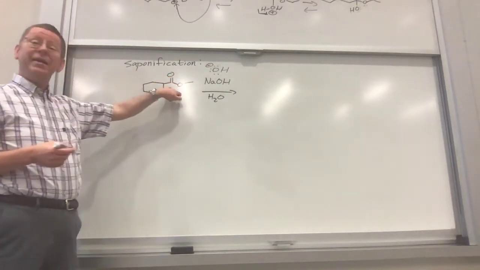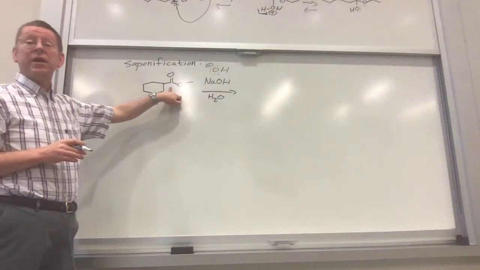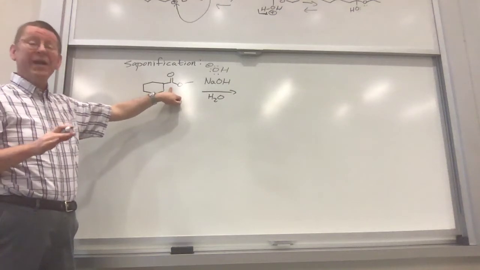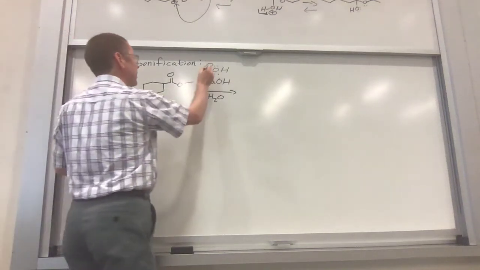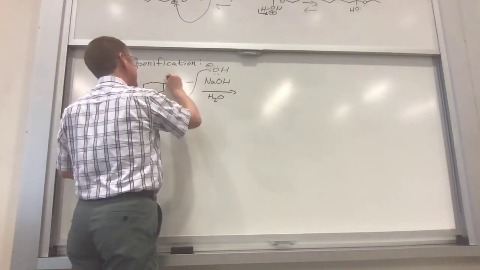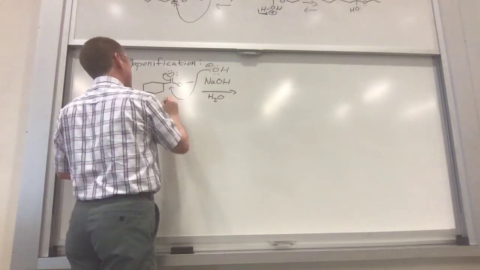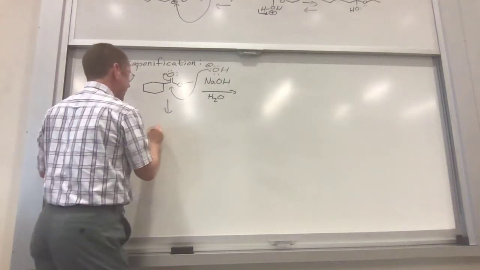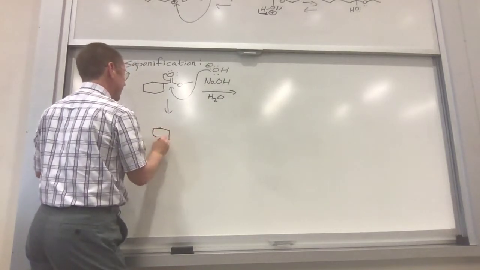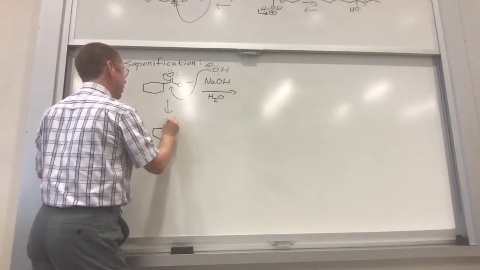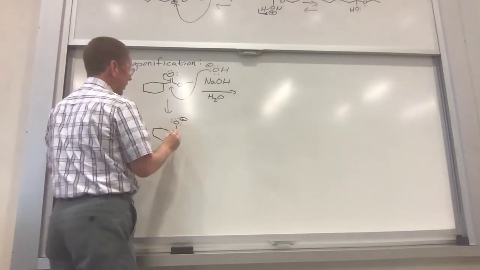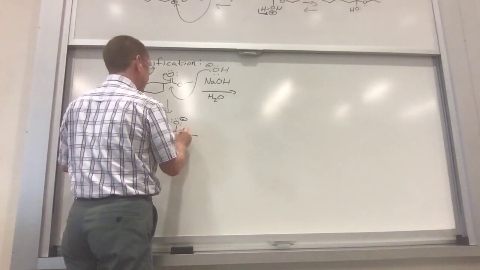Strong enough, it can add directly into this carbonyl. We don't have to pre-activate or do anything. Instead, we can just add. We can go directly to that tetrahedral intermediate that we've been seeing over and over and over again, and that we're going to continue to see for a while.